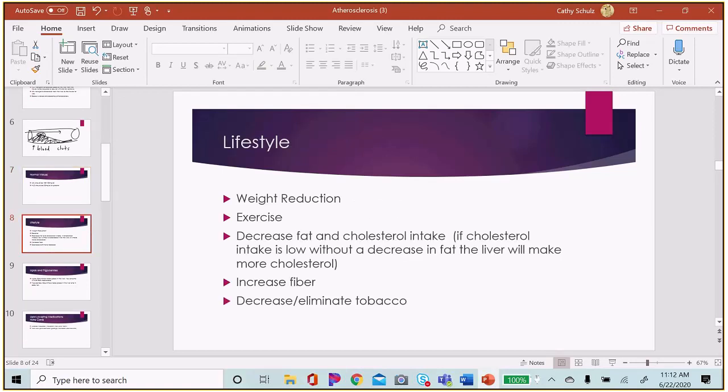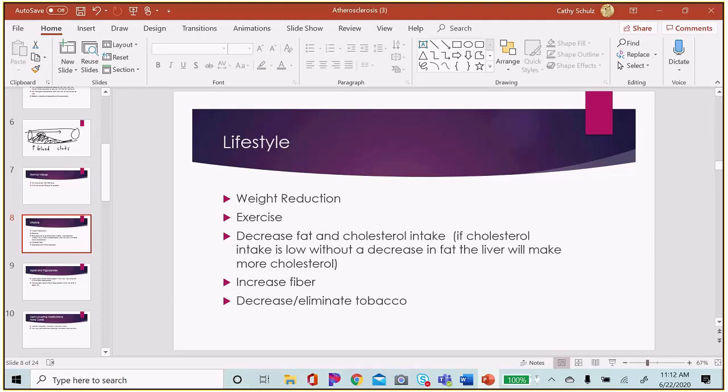So we always give people a chance, and it would be best if the person could change their lifestyle in order to be able to improve their cholesterol levels. And the way to do that, of course, is to change your dietary intake of fats and cholesterol and reduce your weight.